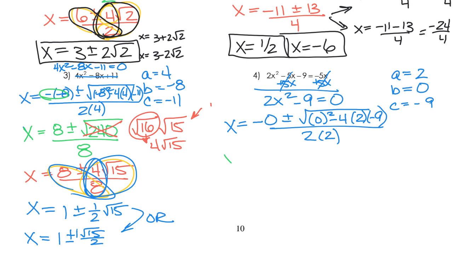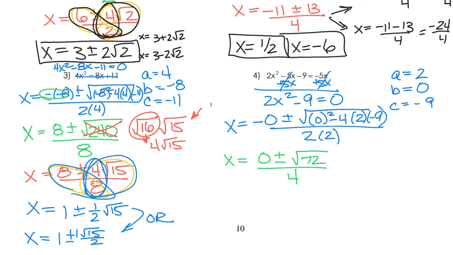So now we'll go ahead and clean that up. A -0 is really just 0, plus or minus the square root of 0 squared, which is 0, minus 4 times 2 times -9, which is 72, all divided by 2 times 2, which is 4.